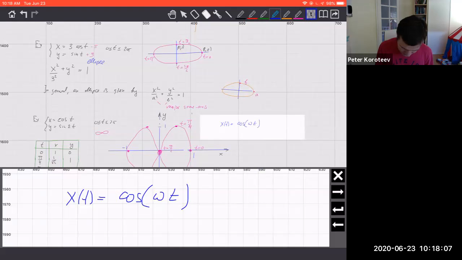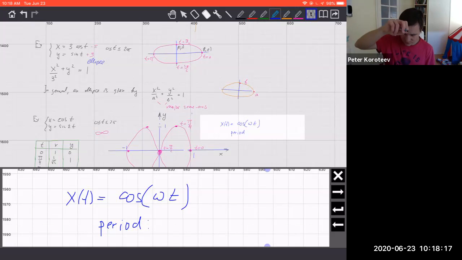So here you can find the period. It's the time it takes for the point to make a full revolution, and it will be 2 pi divided by omega, right? So you can check that here. When t is equal to 0, cosine is equal to 1, so the argument is equal to 0.